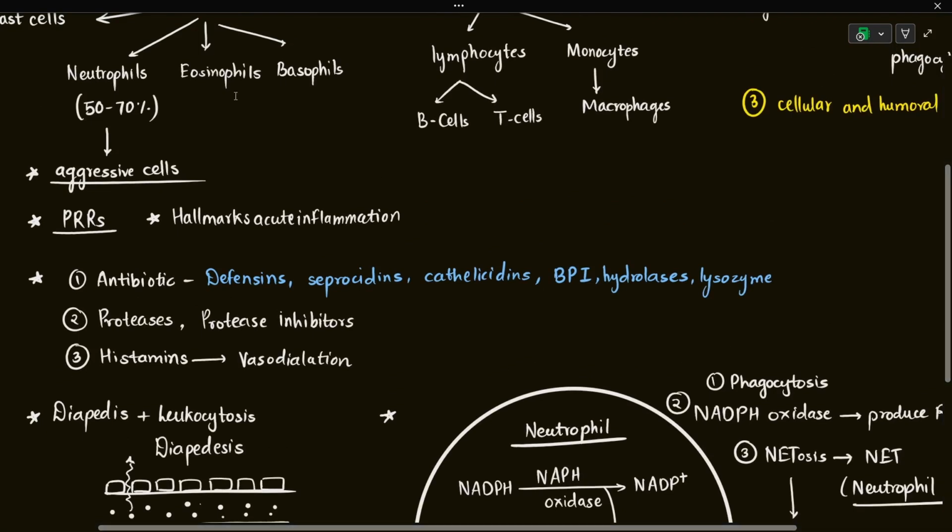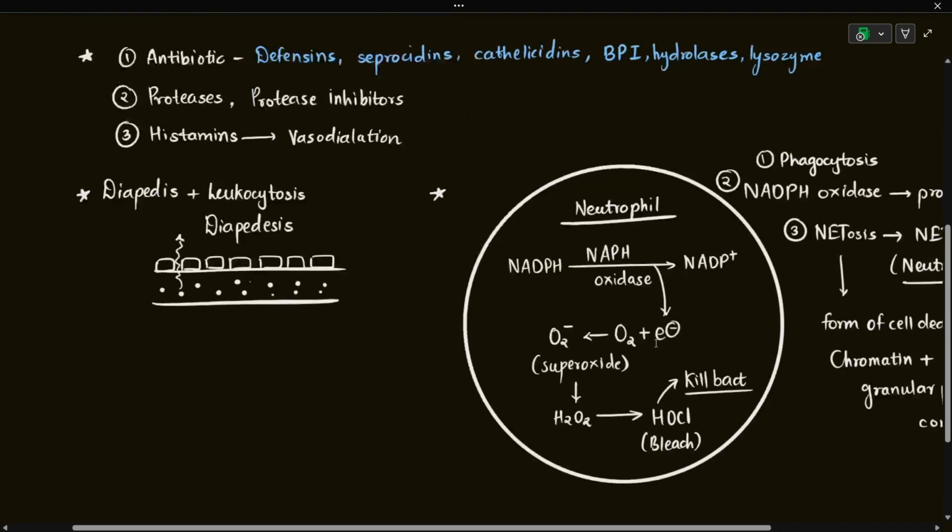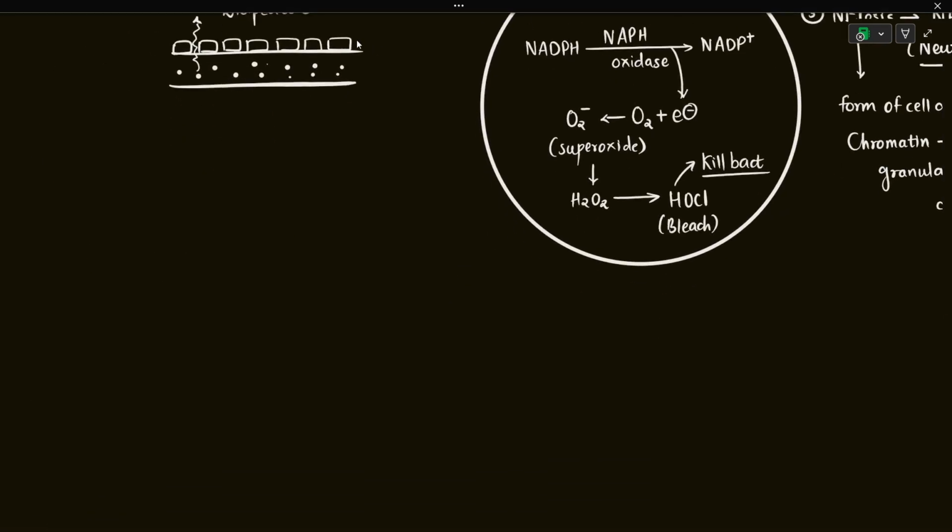So we discussed the characteristics and the ways of killing pathogens. Now let's discuss what will happen if something goes wrong with the neutrophil. Let's say that the NADPH oxidase does not work.